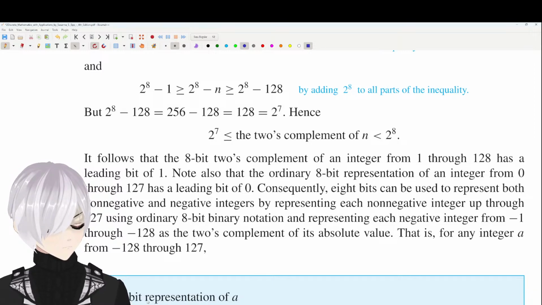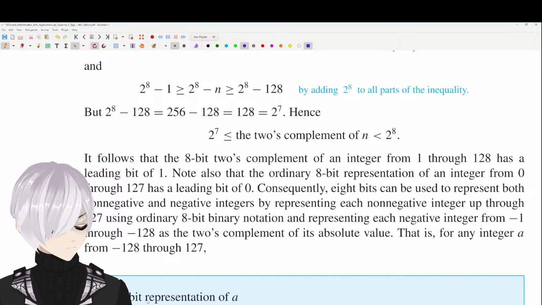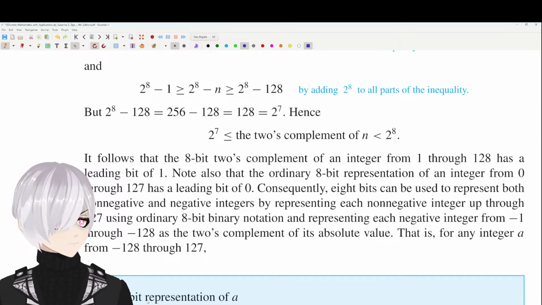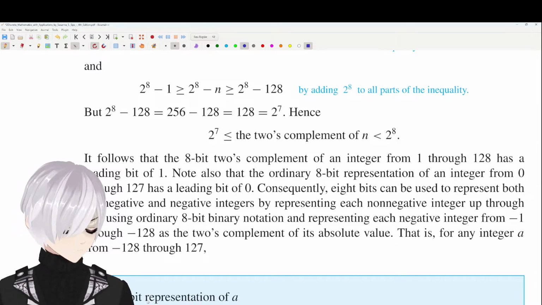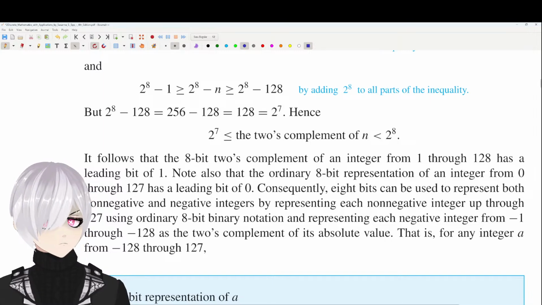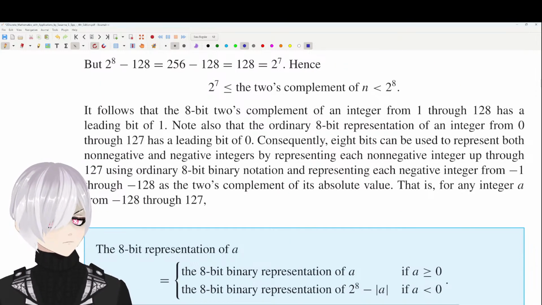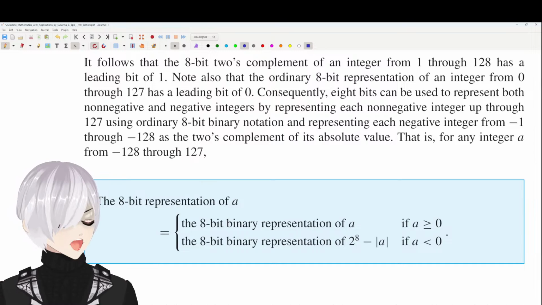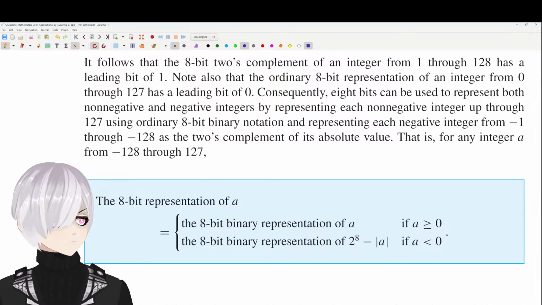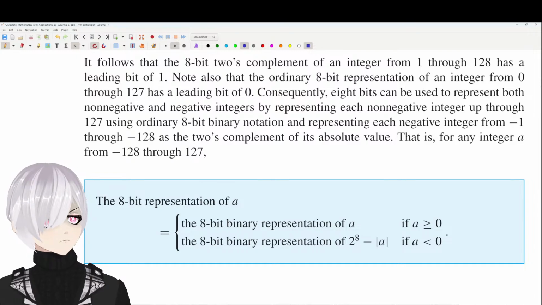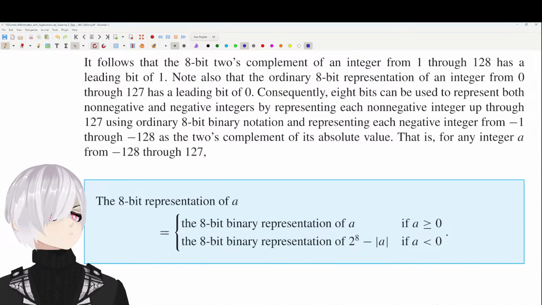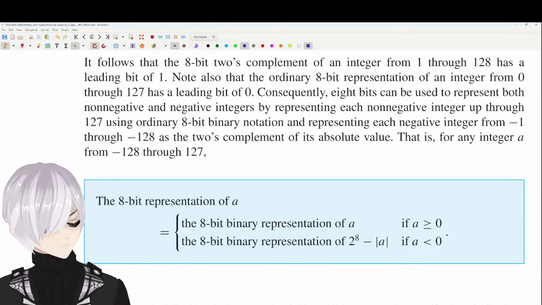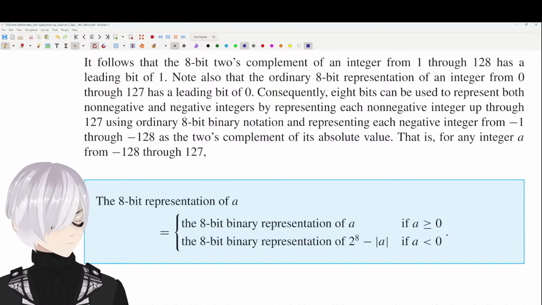Note also that the ordinary 8-bit representation of an integer from 0 through 127 has a leading bit of 0, meaning that there's a 0 in the 2 to the 7th place, because all of those are numbers less than 128, less than 2 to the 7th. Consequently, 8 bits can be used to represent both non-negative and negative integers by representing each non-negative integer up through 127 using ordinary 8-bit binary notation, and representing each negative integer from -1 through -128 as the 2's complement of its absolute value.